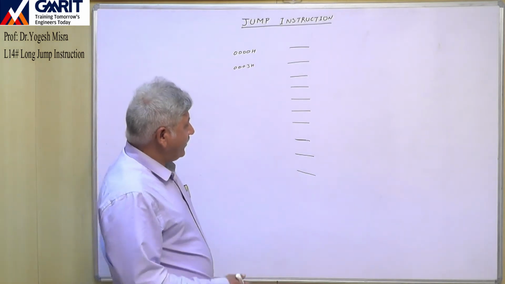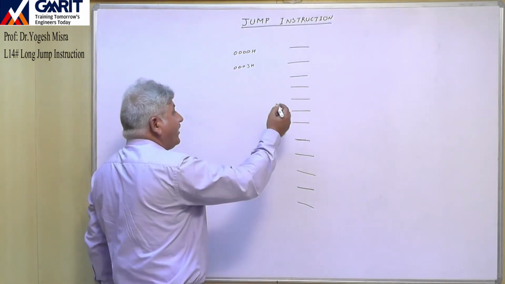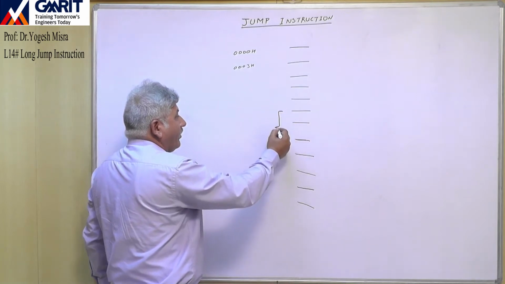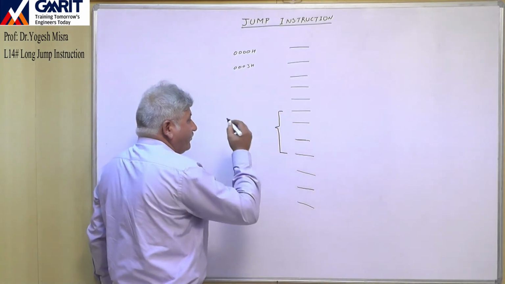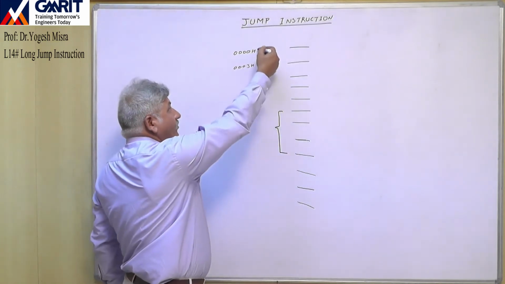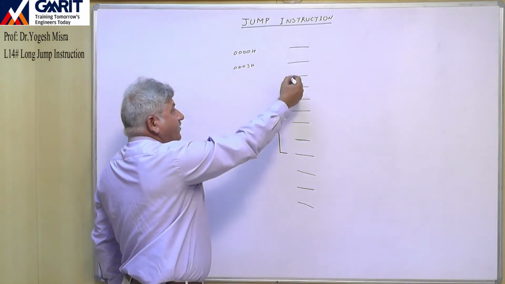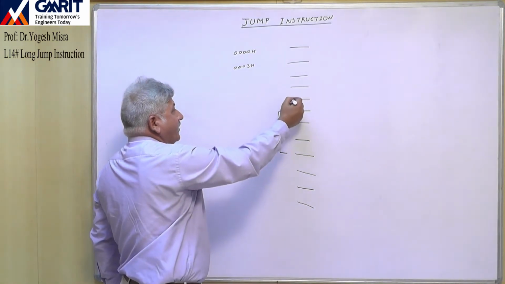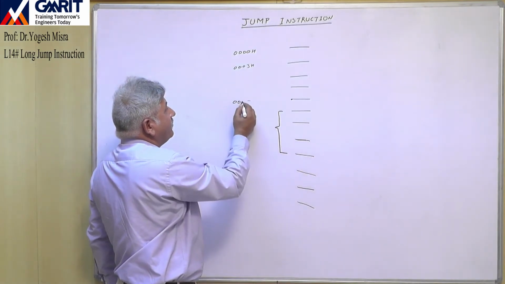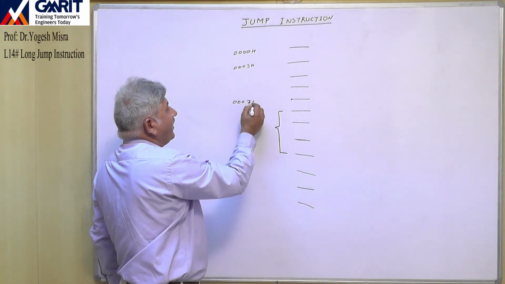Now let us assume that we have an application in which we want to skip some instructions. We want our controller to execute this instruction, then this instruction, up to this one. Suppose this instruction is at memory location 0007H.